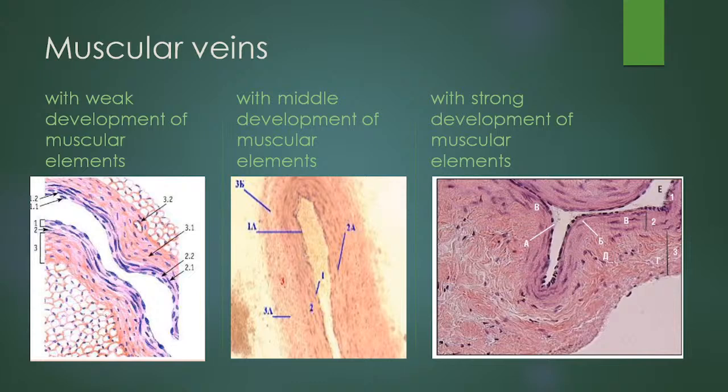Tunica Media consists of a few layers of smooth muscle cells. External elastic lamina is absent.